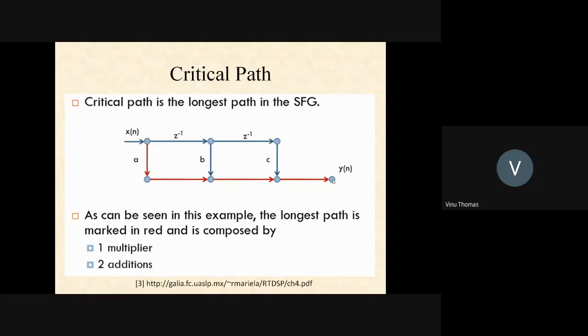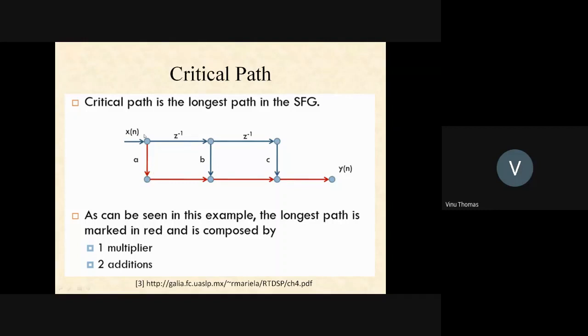Critical path is the longest path in the signal flow graph. By longest path, you look at the path having the maximum number of complex multiplications and complex additions. In this particular case, the maximum number of units. So here you have a multiplier.